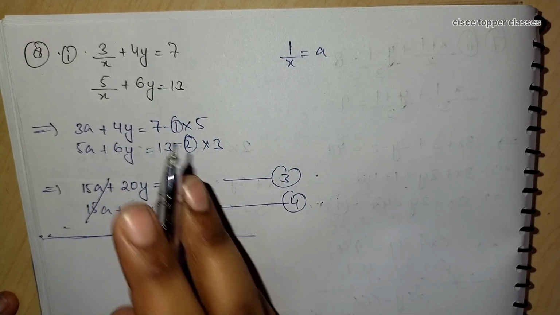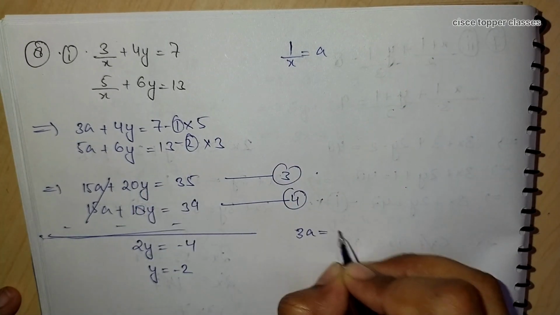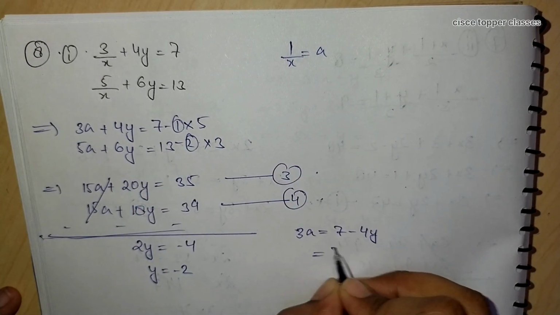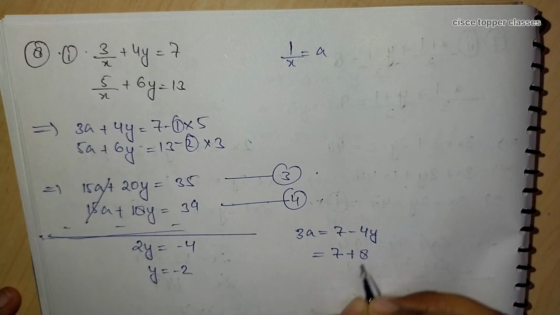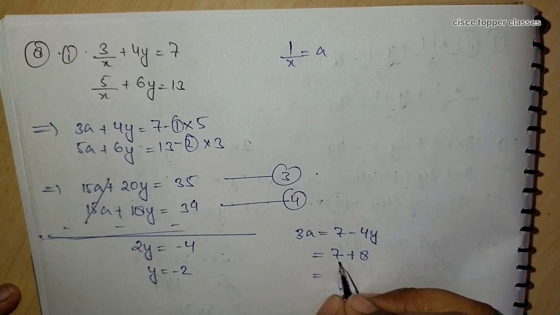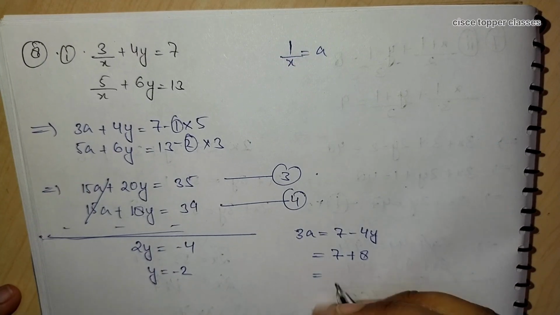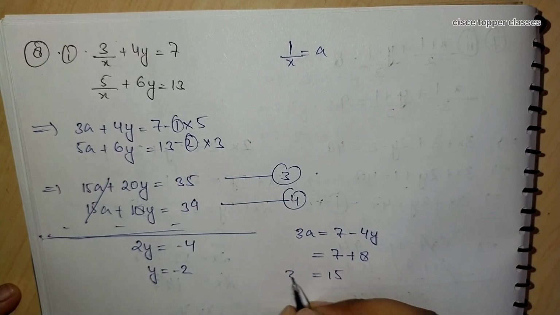To find the value of a, we can put in the first equation. So 3a is equal to 7 minus 4y, which is 7 plus 8. So on solving, we will get 15, so 3a equal to 15. A is equal to 5 from here.